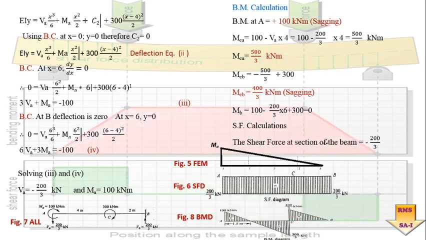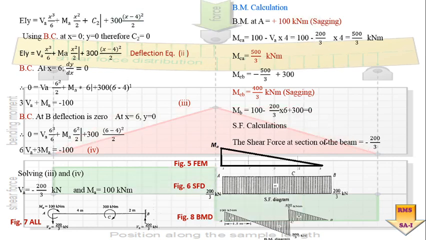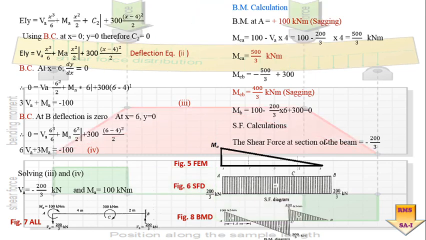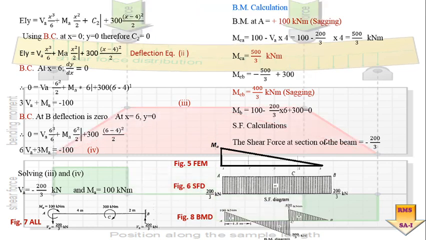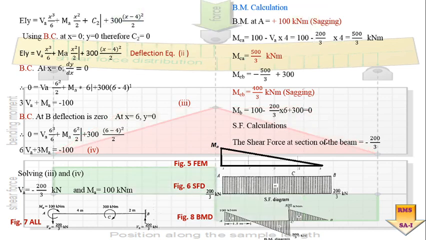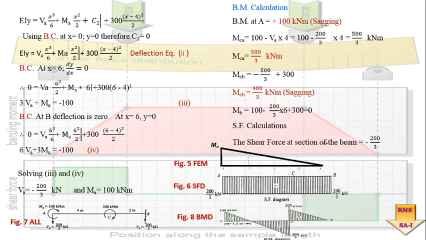These are the two important problems according to the standard cases which we have already studied in the earlier videos. This is the total procedure which we have to follow in the analysis of the fixed beam.